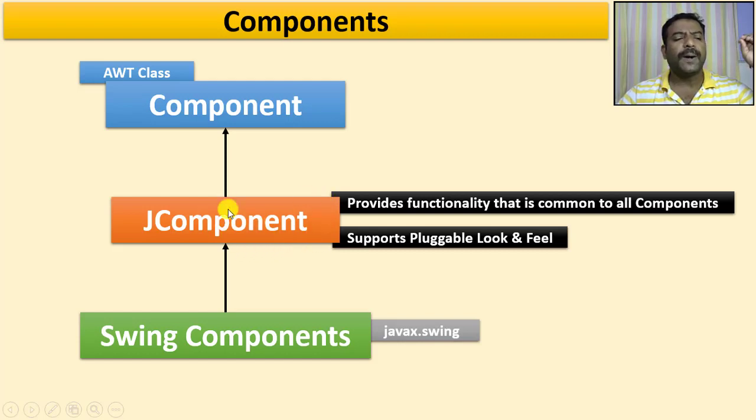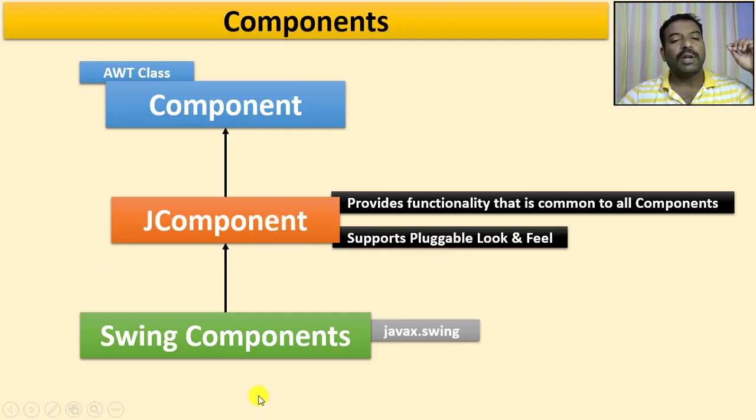Hence, this JComponent provides functionality that is common to all the components I use, because all of them inherit from JComponent. And this JComponent class supports pluggable look and feel. The Component class is not going to support pluggable look and feel, but the newly created inherited class JComponent supports me to have pluggable look and feel.